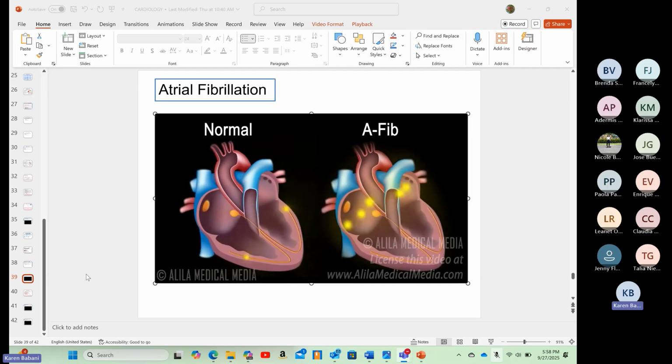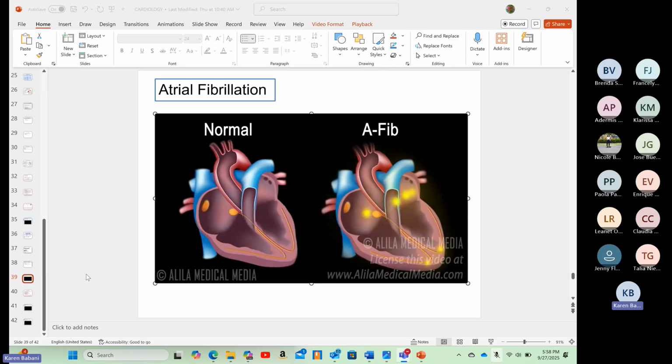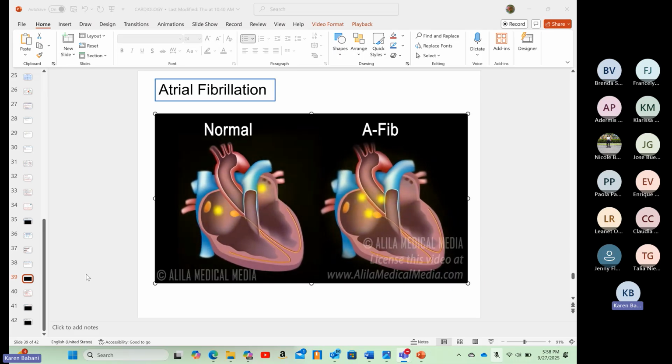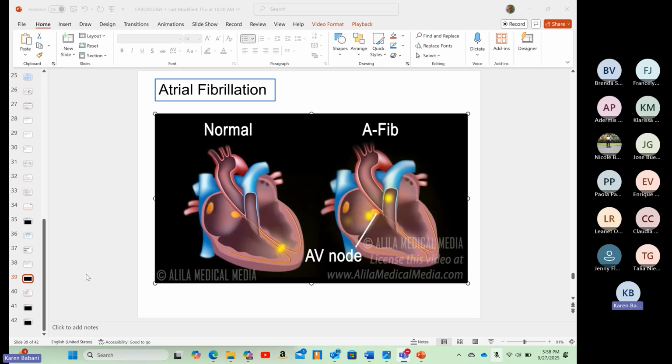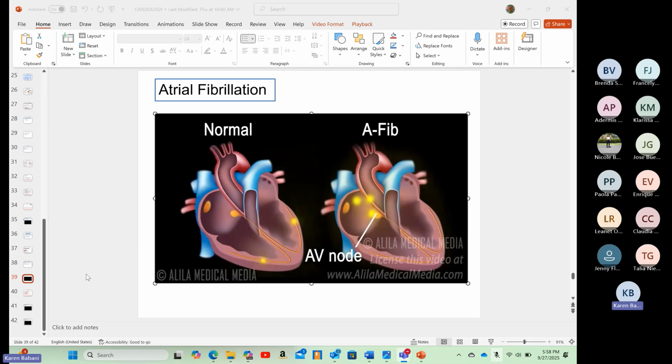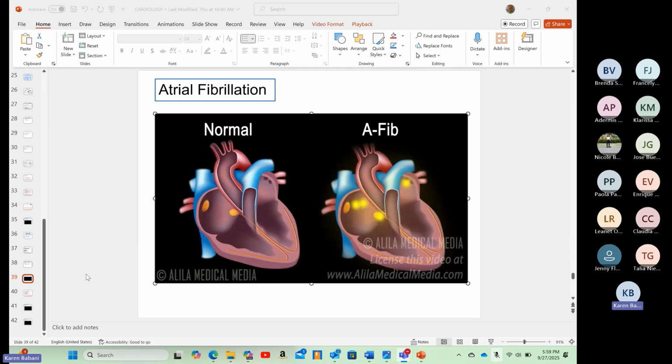These unsynchronized, chaotic electrical signals cause the atria to quiver or fibrillate rather than contract. Although the atrial rate during atrial fibrillation can be extremely high, most of the electrical impulses do not pass through the atrioventricular, or AV, node to the ventricles. This is due to refractory properties of the cells of the AV node.